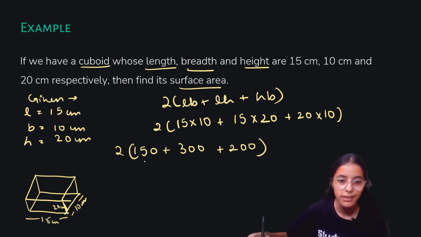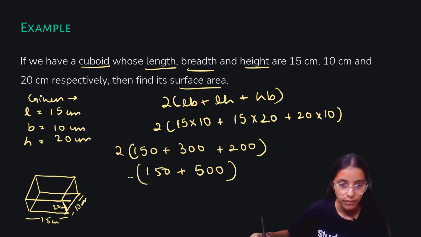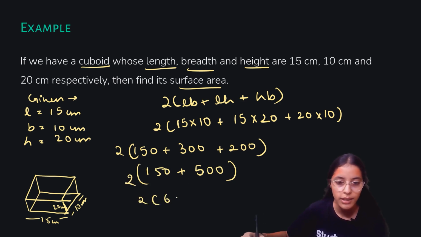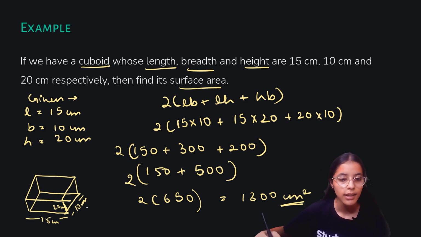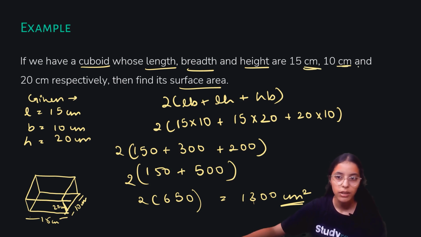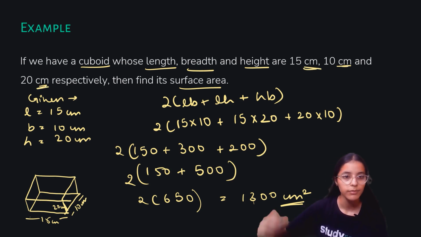When we add this up we get 500 plus 150, so 2 into 650, which gives us 1300 centimeter square. Centimeter square because we have found the area, and the dimension of area is the square of the length's dimension.